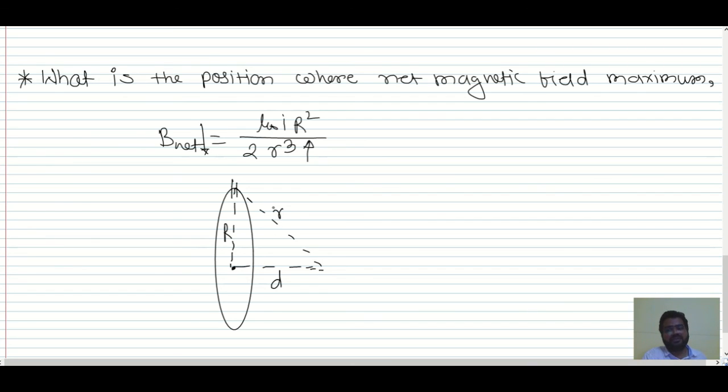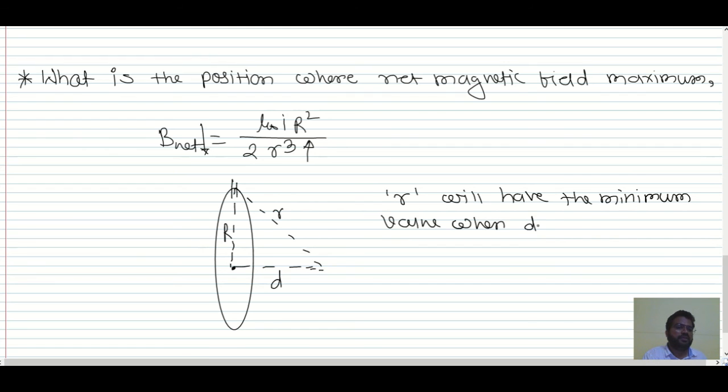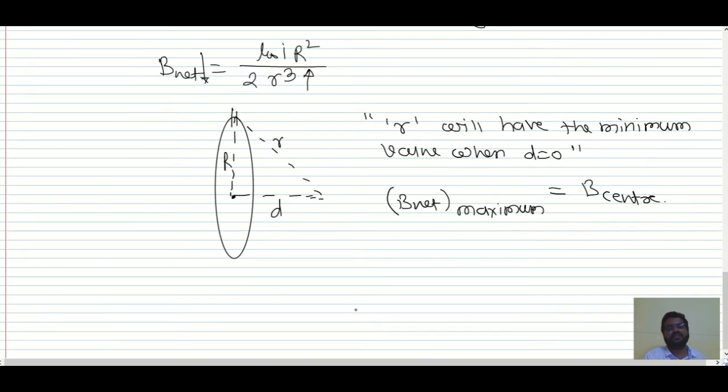So r will have the minimum value when d is equal to 0, which indicates B net will be maximum at the center of the current carrying circular coil.